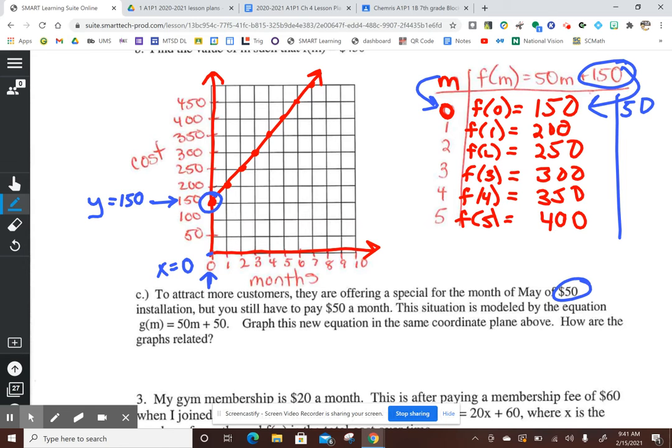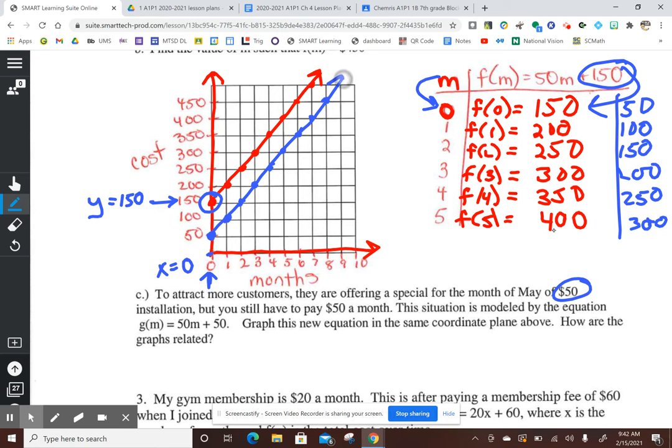I'm going to subtract 100, because the difference between 150 and 50 is 100. So this would be 100, this would be 150, this would be 200, this would be 250, and this would be 300. So when we graph the blue, we're here, here, here, here, here, here, here, here, here.